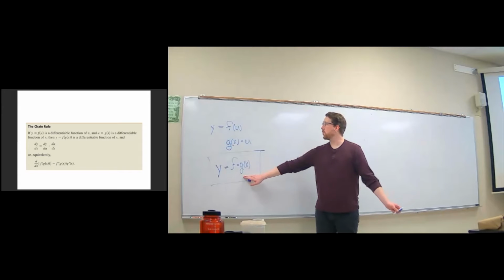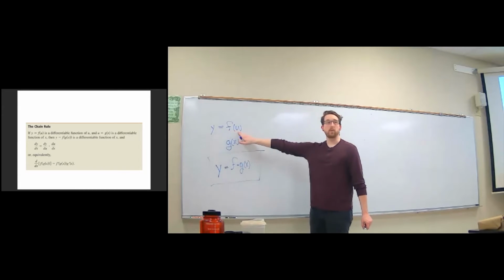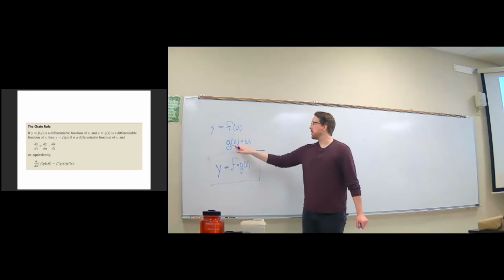And what the chain rule says is, well, we know how y changes with respect to u, and we know how u changes with respect to x. So using this, we're going to create a system of related rates.